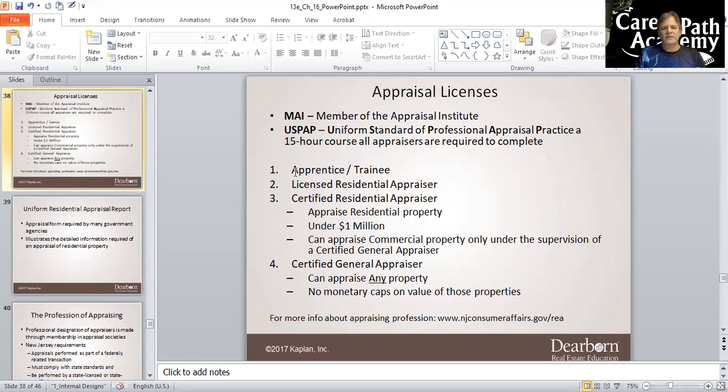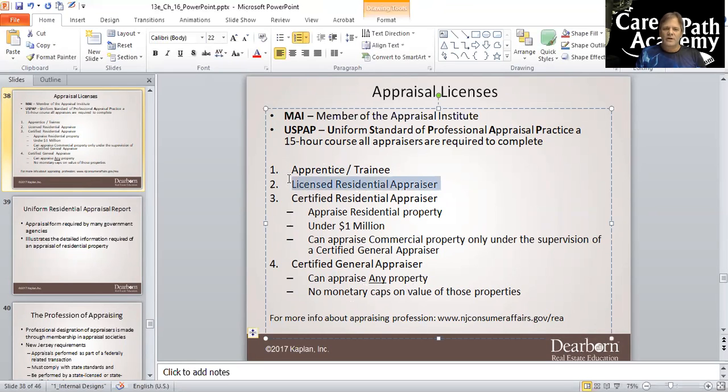So these are the 4 appraiser license types. You need to know the difference between them, okay? The first 2 must work under either a certified residential appraiser or a certified general appraiser. They cannot work on their own. Even if they're working under a certified residential appraiser, they still can't do appraisals on commercial property or residential property over $1 million.